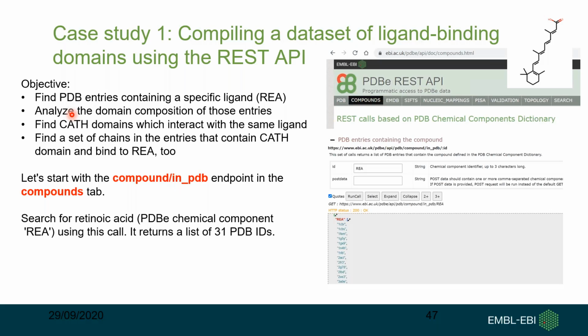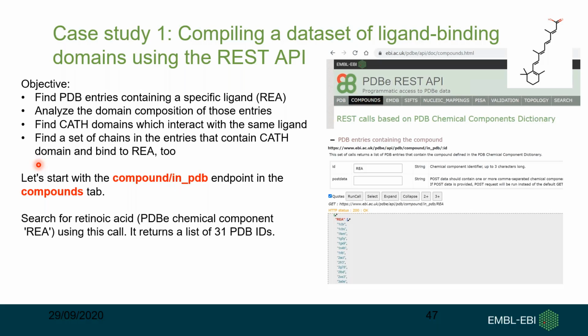Using the same SIFTS endpoint, we will try to find CATH domains which interact with REA. And finally, we will reconcile the 2 endpoints to find a set of chains in the entries that contain first CATH domains and second CATH domains that bind to REA.